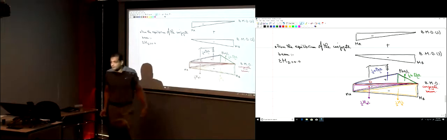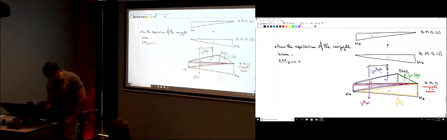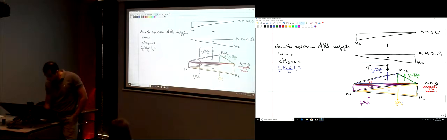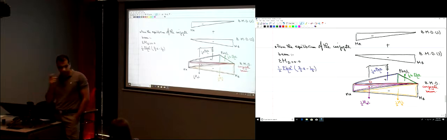And how much is this distance? 2/3 A. So this is the force here, the green force, 1/2 A, B, so let me write it like this: P B A squared divided by L, multiplied by the distance, which is 2/3 A minus L divided by 3.